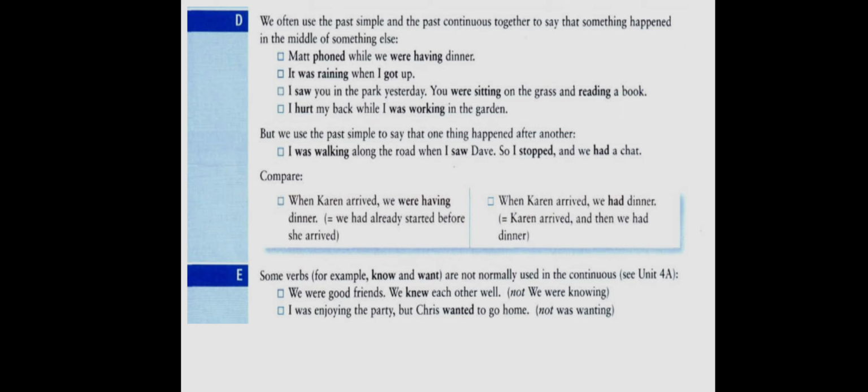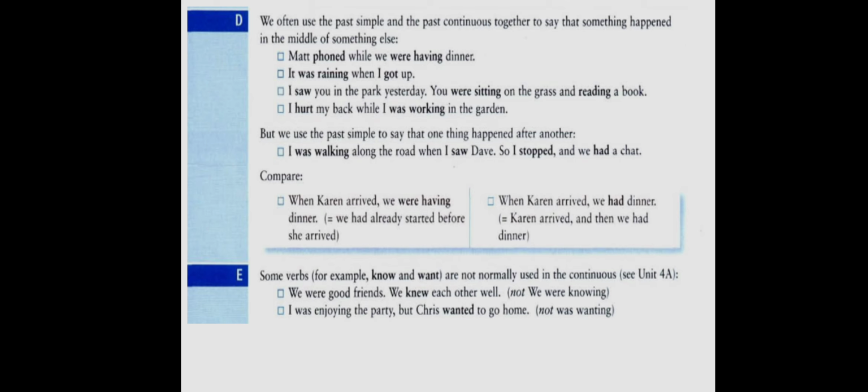I saw you in the park yesterday. Here we have "yesterday," so the action is a completed, finished action, and it is in the past simple. So we use the verb "saw." You were sitting on the grass.